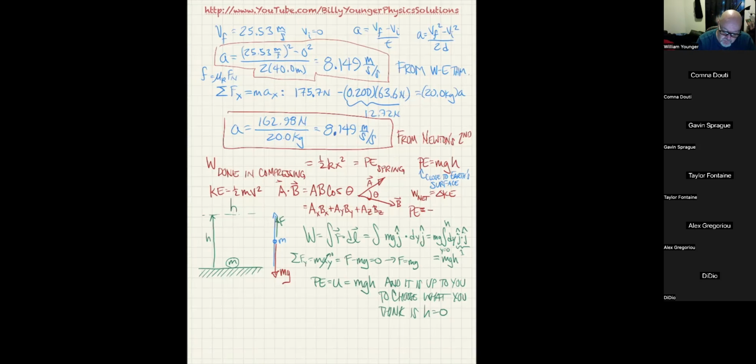And in doing so, we get -G times the mass of the object times the mass of the planet divided by the radius of the planet. And yes, it is to the first power there, because that's what happens when you integrate r to the -2 power. So we now have this litany of different equations that we can use, in addition to this one I didn't even write down.